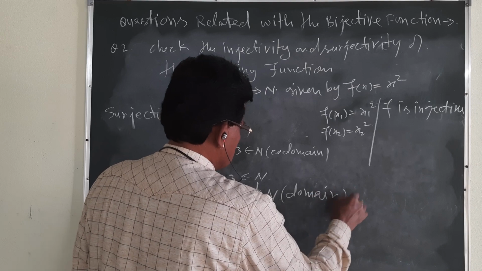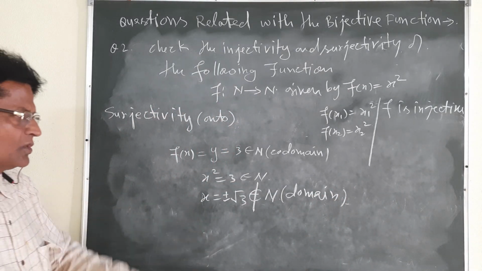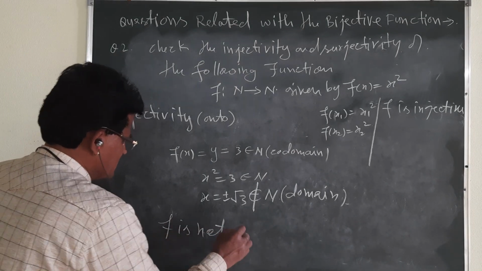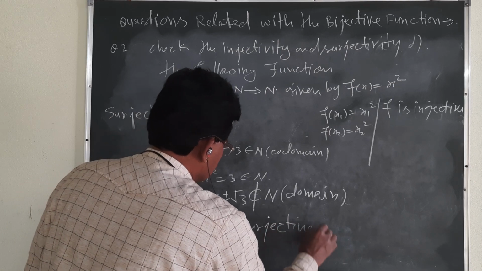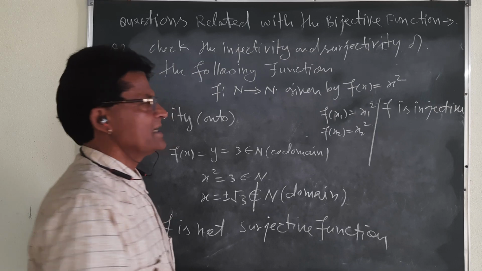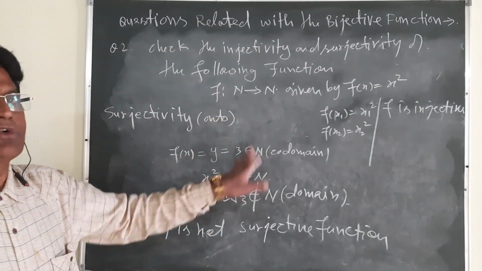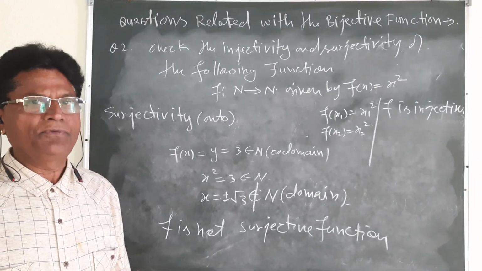That is why you can see that the function is not onto. F is not a surjective function. The function is injective, but it is not surjective. If it is not surjective, then you will say the function is not a bijective function.